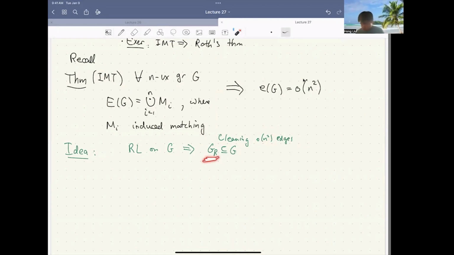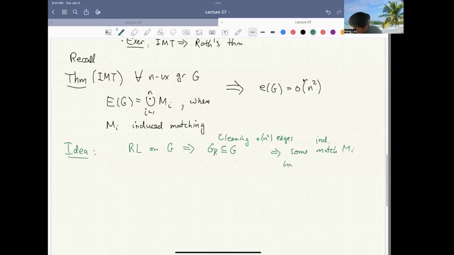Since the edge set of G, hence also of G_R, consists of n induced matchings, one of the matchings, Mi, in G_R is still of linear size. This implies that some induced matching Mi has size linear in G_R.